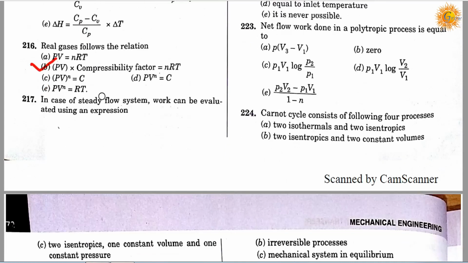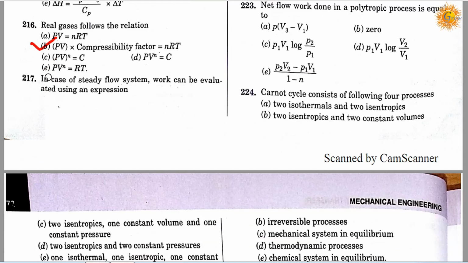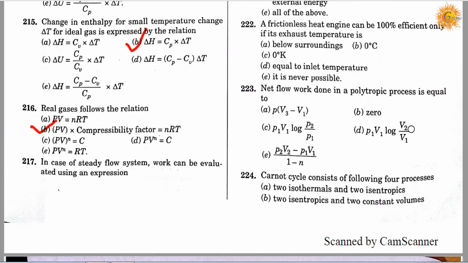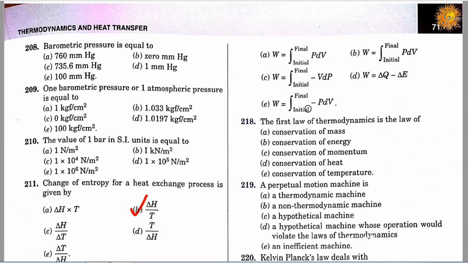Question number 217. In case of steady flow system, work can be evaluated using an expression. Option A is W is equal to integration final to initial PdV, and option B is W is equal to integration final initial PdV, and option C is W is equal to integration final initial minus VdP.